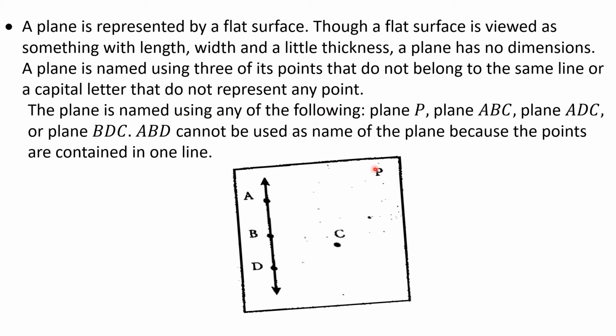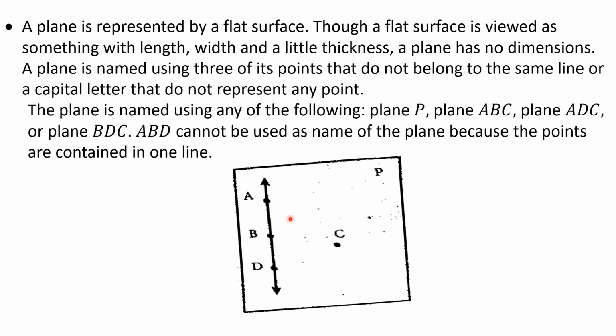We have plane P here in the figure, plane ABC, plane ADC, plane BDC. Plane ABD cannot be used as the name of the plane because the points are contained in one line. So take note, if you name a plane, you can use a single letter P. That P should not represent any point inside the plane or on the plane.